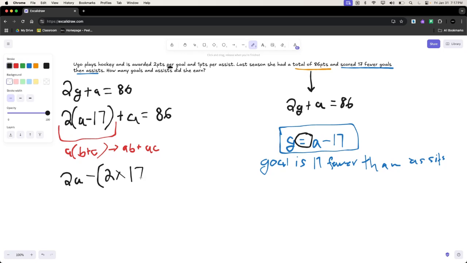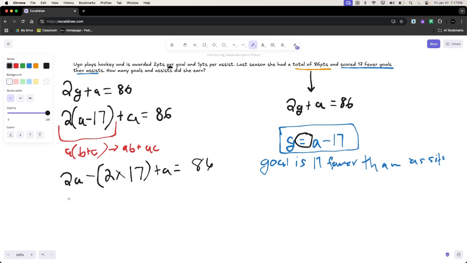Sorry, I was getting confused there. Yeah, 2 times 17 because this is A, this is our B, and this is our C. So then A times C and A times B, right? Okay, and then again, we're gonna have to add that A, and then that's gonna all equal to 86.